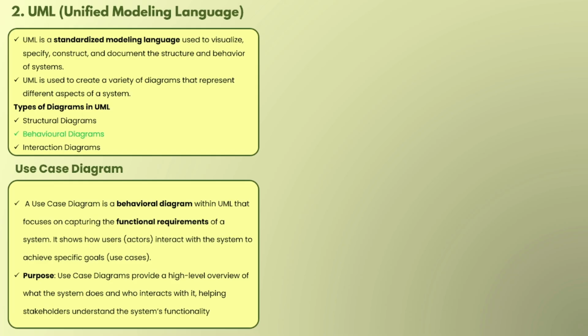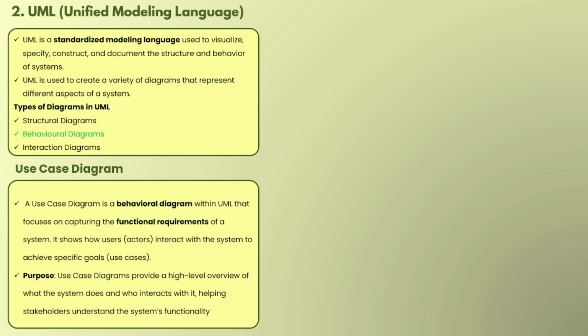UML is used to create a variety of diagrams that represent different aspects of a system. It's like having different types of maps for different views. Some show structure, some show behavior of the system, and others show how things interact. Each one gives a new angle on the system.